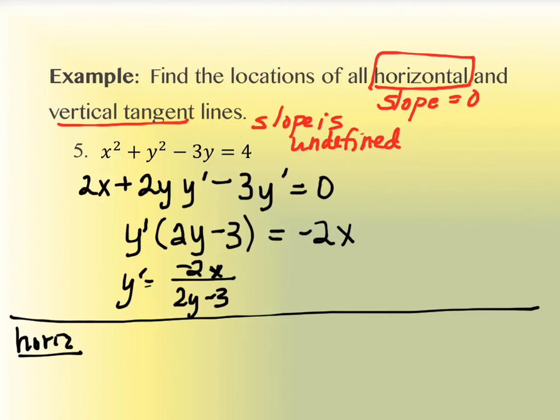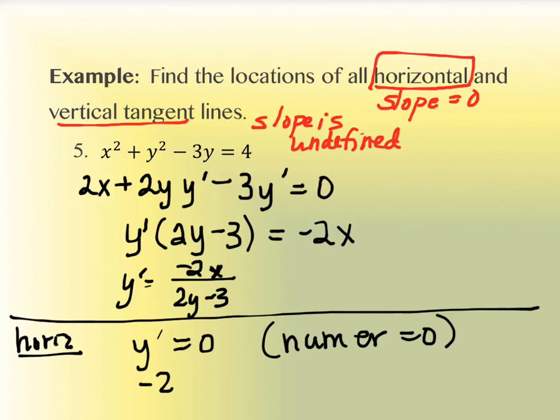The denominator doesn't matter as long as it isn't 0. Agreed? So I need the numerator. So I want to find out where y prime is 0. And in essence, on this particular problem, that's going to be that my numerator equals 0. So my numerator equals 0 when? That's right, when x is equal to 0.